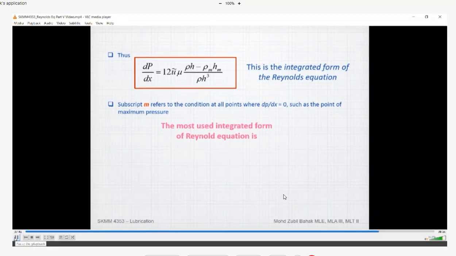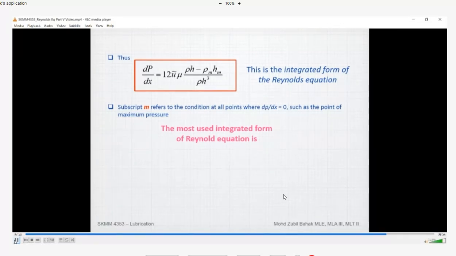And the most used integrated form of Reynolds equation is when we can make the assumption that the rho, the density of the fluid, is constant throughout the bearing.